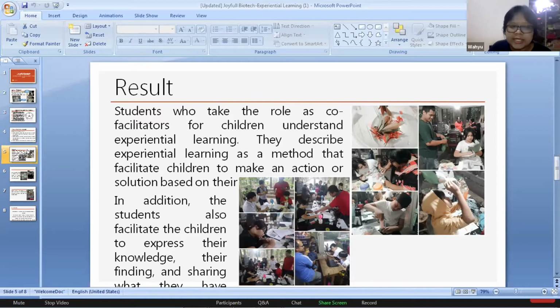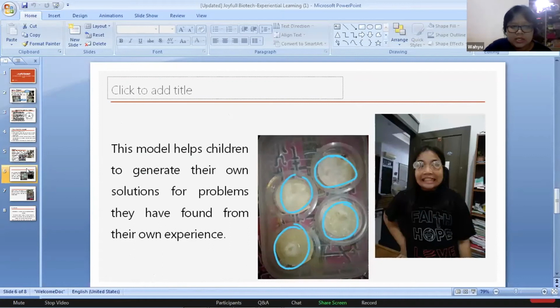In addition, the students also facilitated the children to express their knowledge, their findings, and share what they have found. This model also helps children to generate their own solutions for problems they have found from their own experience.